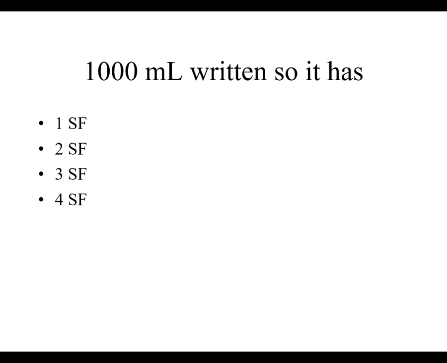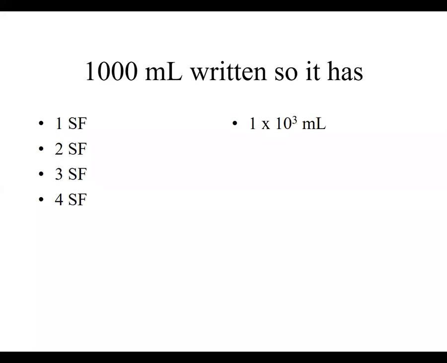But here's another way that scientific notation is useful. It can take ambiguous numbers like that 1,000 milliliters and make it clear how many significant figures it has. So if you are the person who measured that, and you know that it has only one significant figure, then you can write it 1 times 10 to the third.